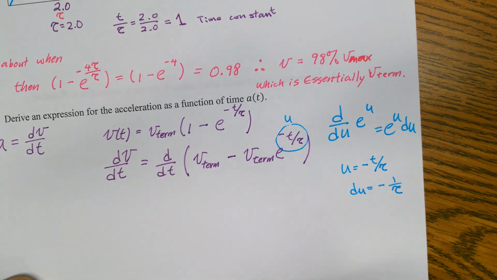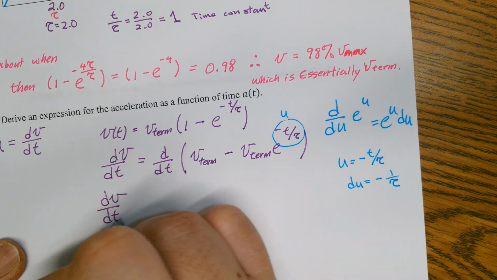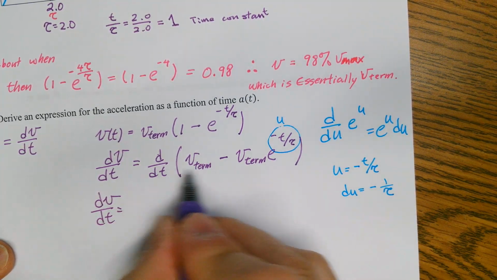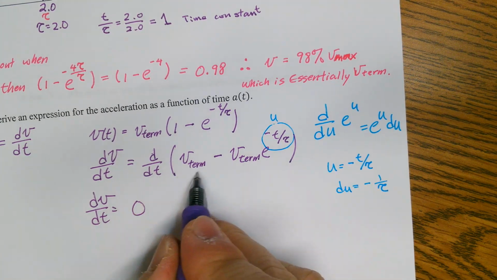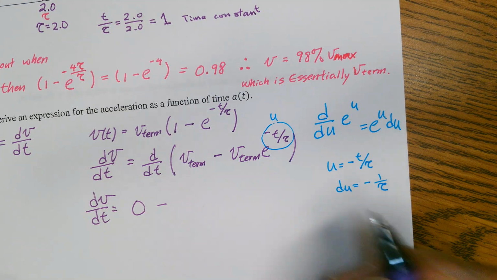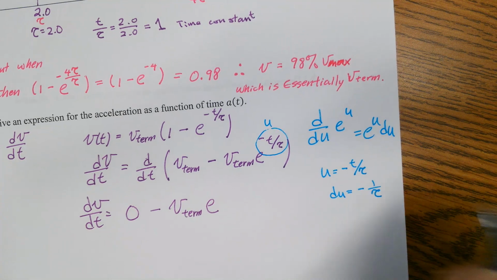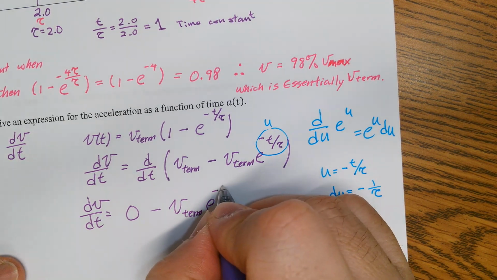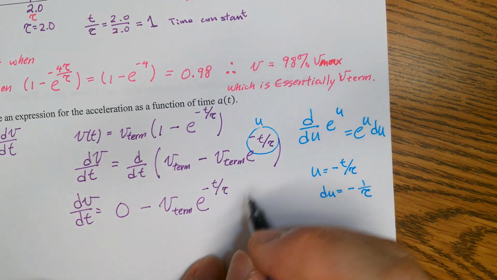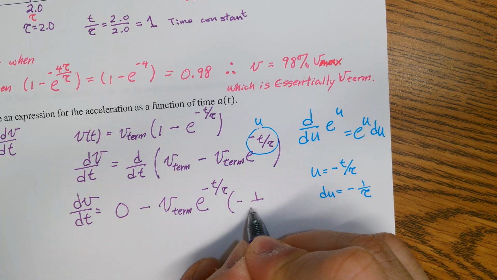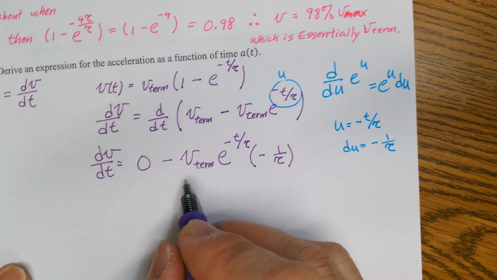Okay? So my dv over dt is equal to, when I take a derivative of this, it's going to be just 0, right? Because this is constant, minus v terminal e to the u, which is negative t over tau, times du, which is negative 1 over tau. But what is v terminal?